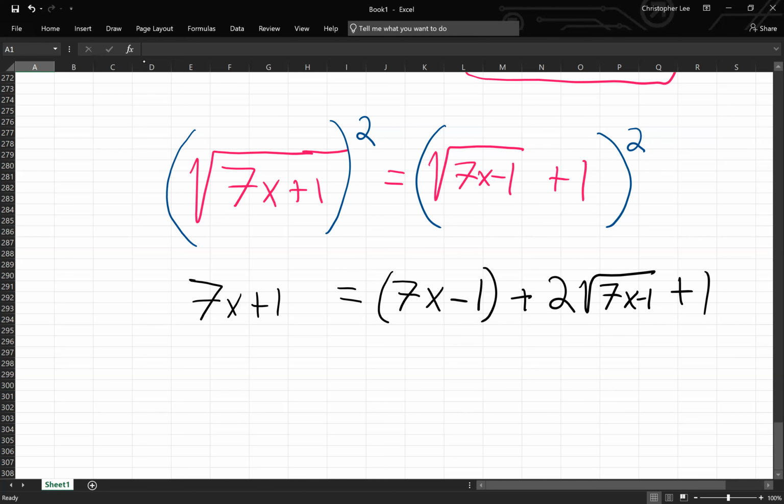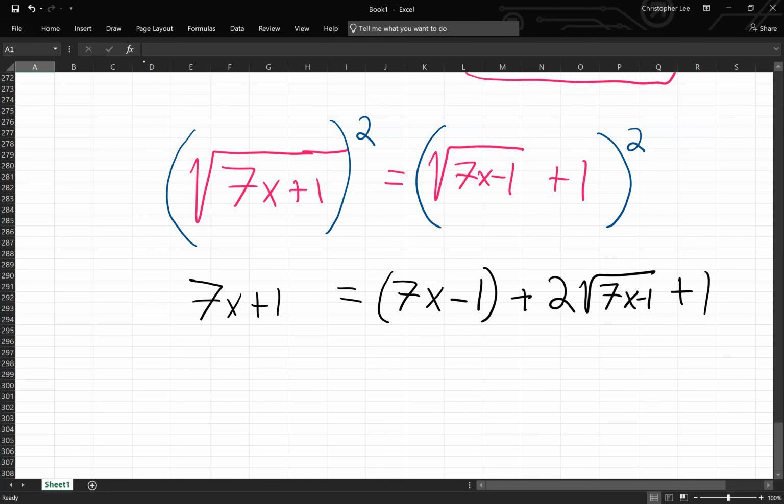If that looks confusing, just FOIL it. So you have square root 7x minus 1 plus 1 times square root 7x minus 1 plus 1. Same thing twice. And then just FOIL it and then combine like terms.